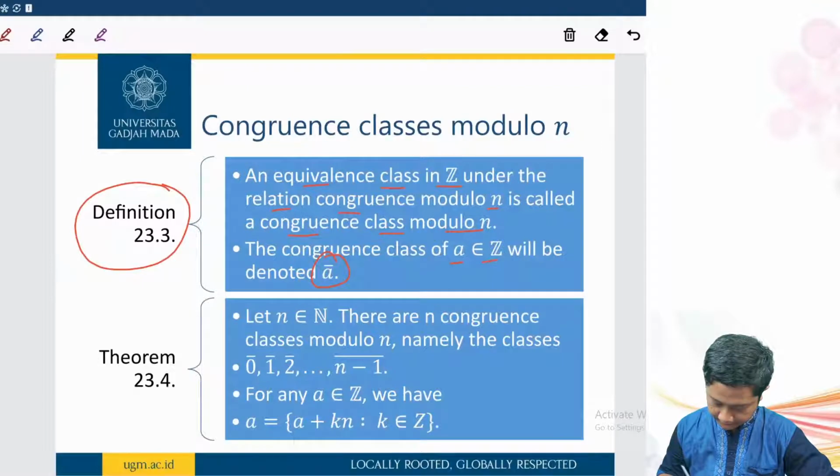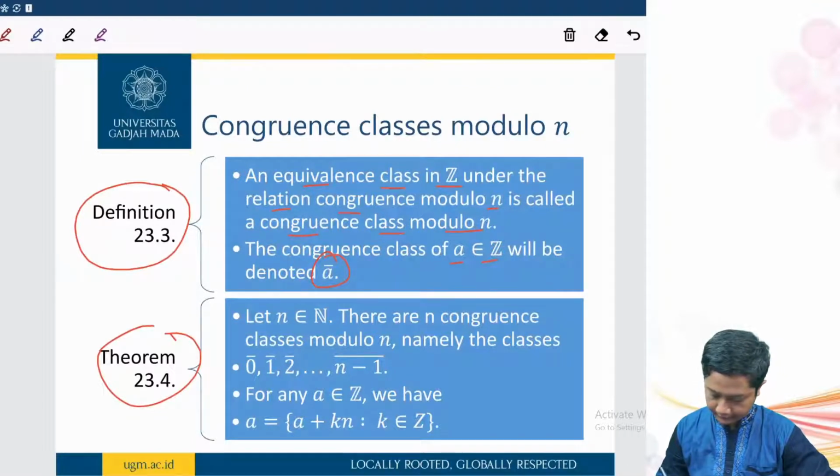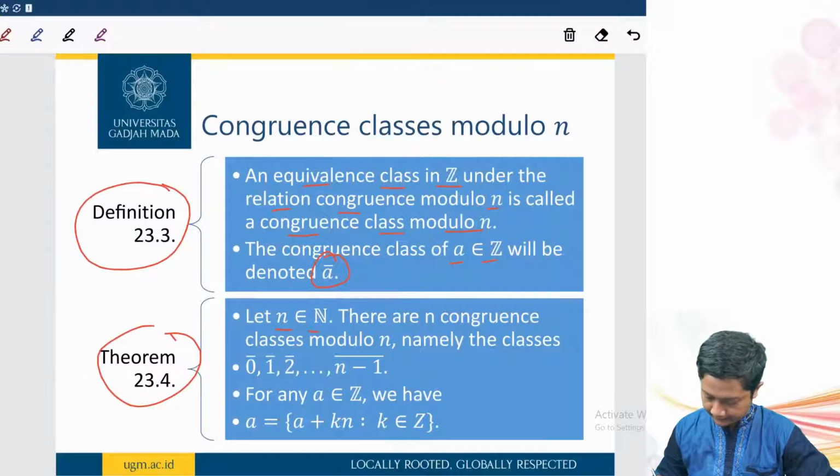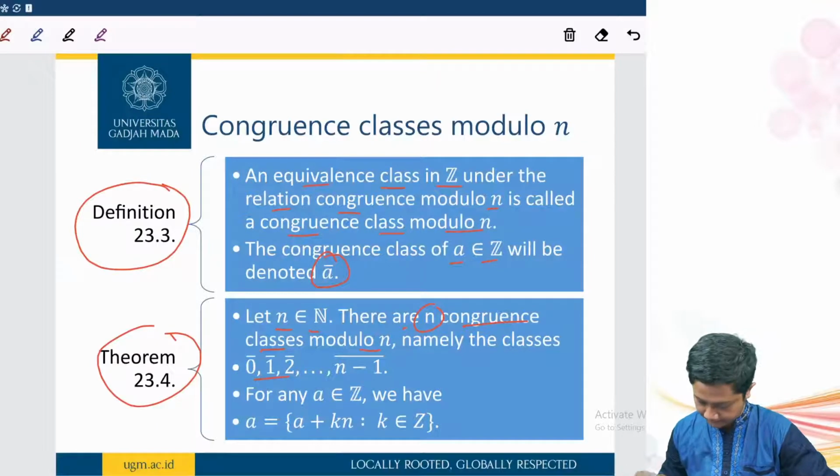Okay, we have this theorem. If we have a natural number n, then there are n congruence classes mod n. Then we have 0 bar, 1 bar, 2 bar, up to n minus 1 bar. And for any a in Z, we have a is inside here.